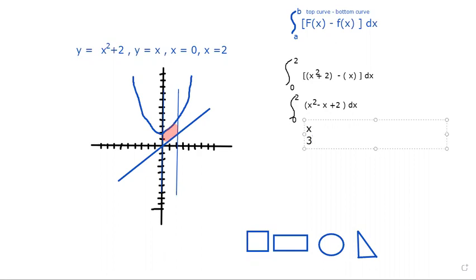That's x cubed over 3 minus x squared over 2. And I'm going to come back and put everything in there. And that's plus 2x. That's x cubed over 3 minus x squared over 2 plus 2x.